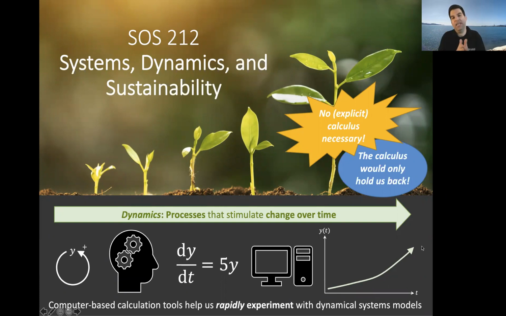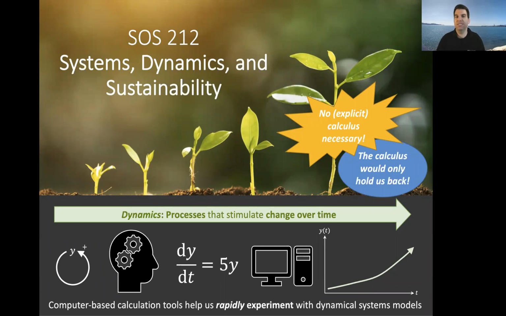Even though once upon a time this course was called something like Calculus 2 for Sustainability, we renamed the course System Dynamics and Sustainability to emphasize that it's not really about the calculus in this course, but you've got to know that the calculus is going on behind the scenes.